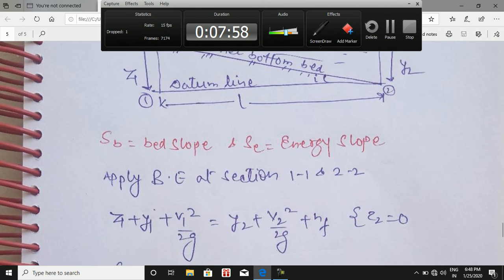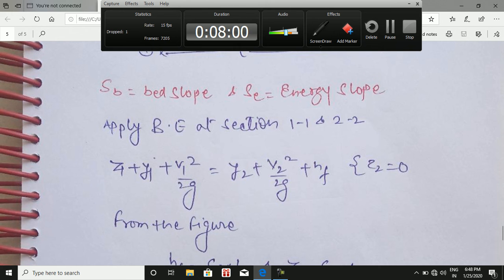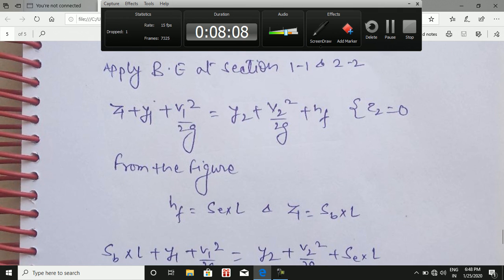Applying the Bernoulli equation at section 1 and section 2: Z1 plus y1 plus V1 square upon 2G is equal to y2 plus V2 square upon 2G plus hf, in which Z2 is equal to 0. From the figure we can write hf is equal to SE into L. It means hf is equal to energy slope into the length, and Z1 is equal to bed slope into the length.